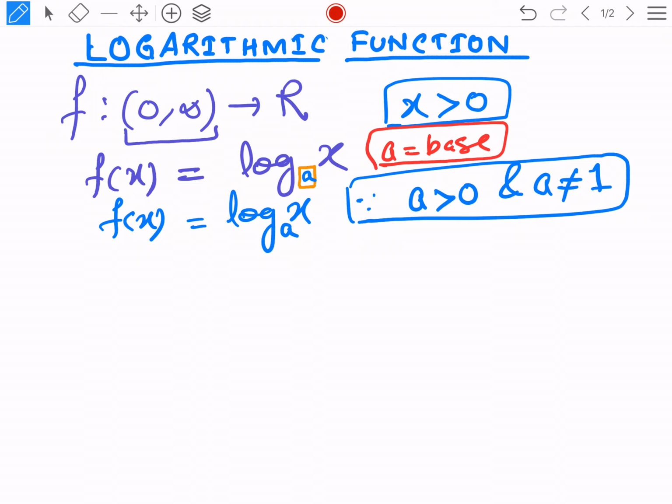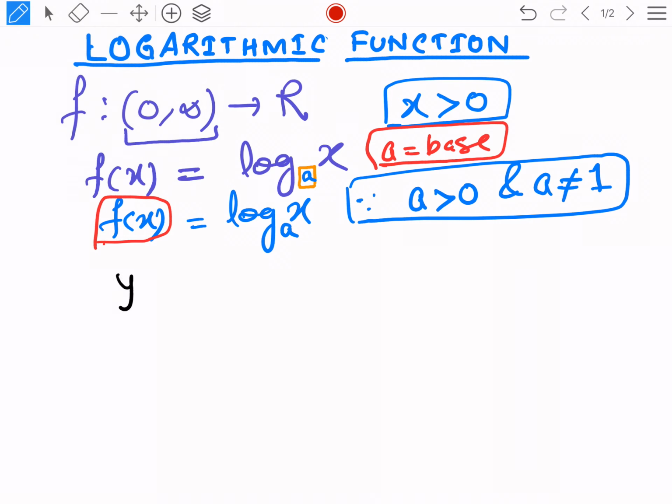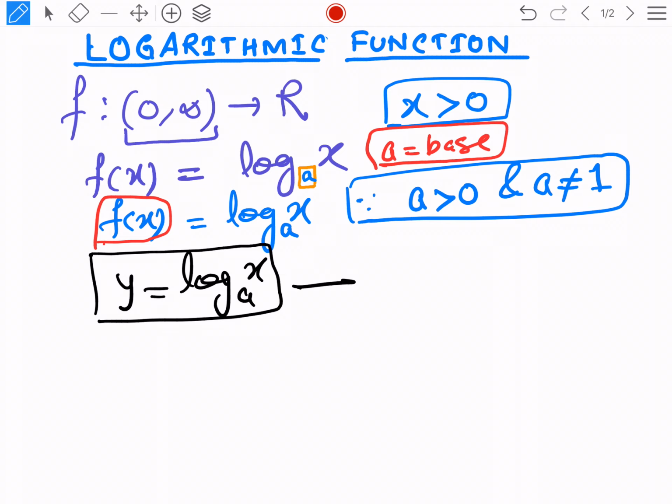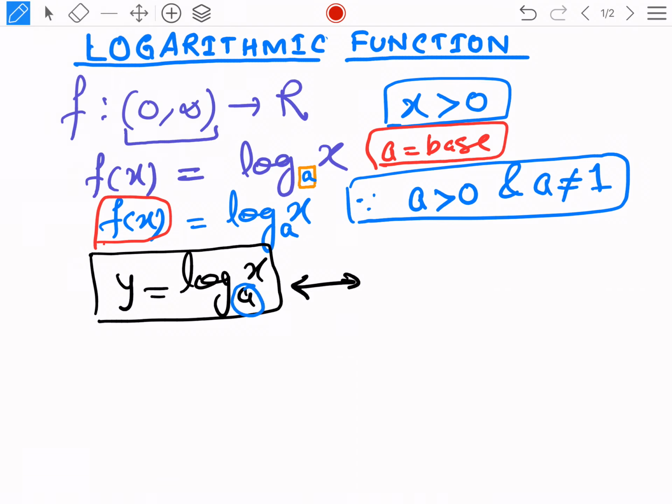So students, now some algebra and rules of the logarithmic function. Let f of x be equal to y, then y is equal to log of x base a. This is the logarithmic expression. But students, it can be converted into an exponent expression: a to the power of y is equal to x.